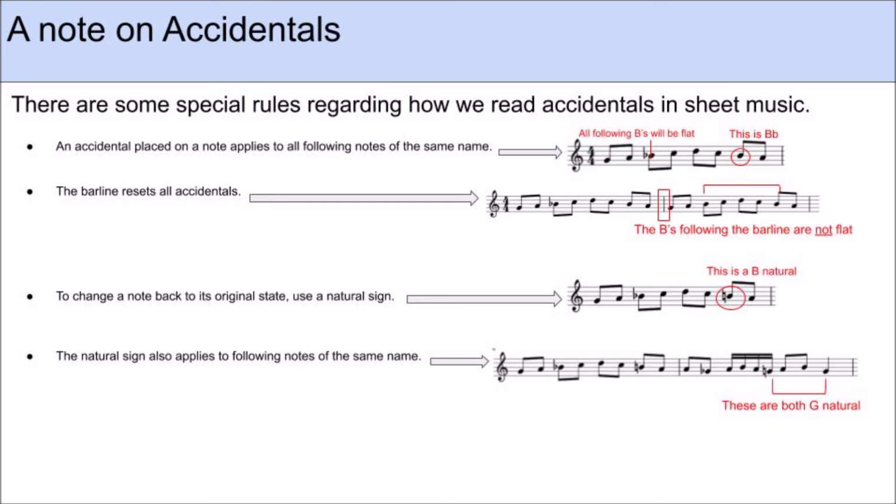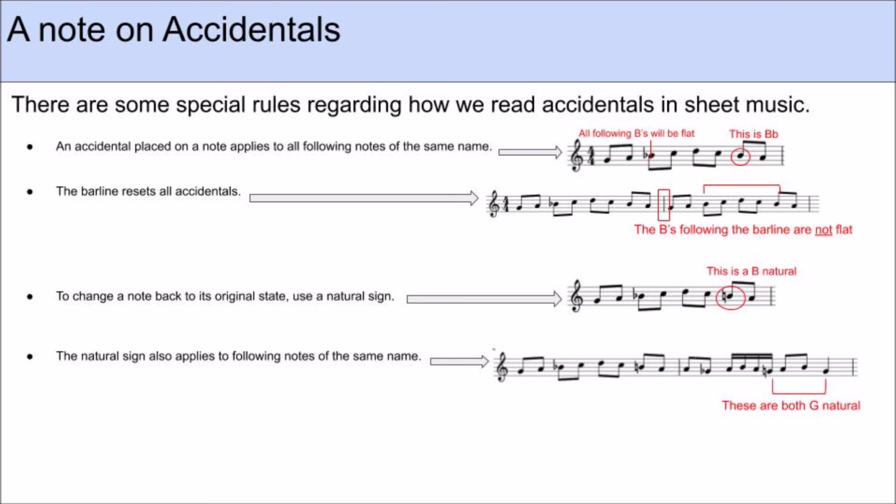The third one is how we use the natural symbol. To change a note back to its original state, you will use a natural sign. Here you can see on beat 2 is a B flat. There is a B with a flat sign on it. On beat 4, I've placed a natural sign on it.